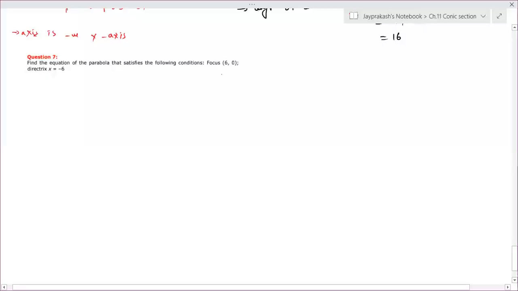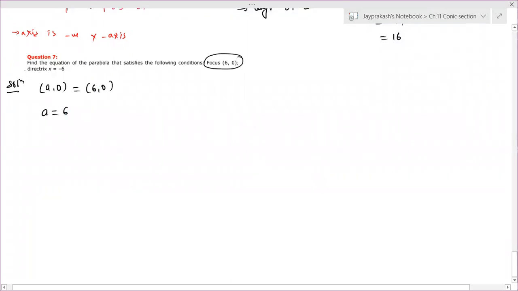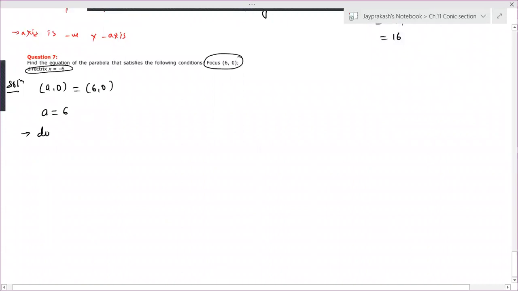Question 7: we have focus 6,0. Focus means a comma 0 is 6,0, so we have a is equals to 6. Now the directrix is x is equals to minus a, that is minus 6. So it means this parabola is on the positive x axis because its directrix is on the negative side.